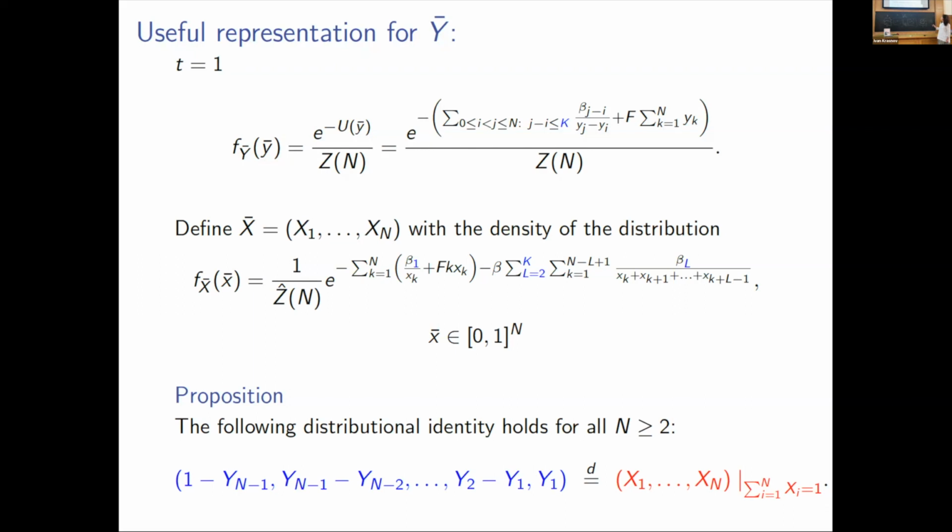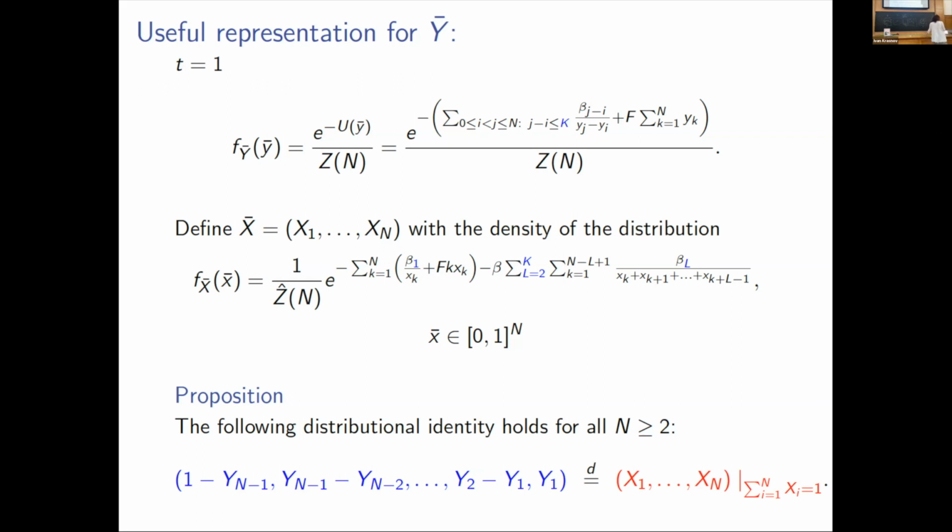Now I want to define some auxiliary distribution. I call it the random variable X, and the density I write actually from this U, but the differences between Y's, I replace by X's.